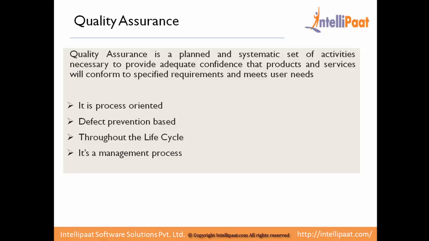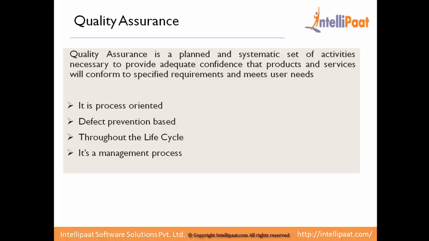So in terms of process oriented, what I would mention is quality assurance basically has defined processes, and we will see this in much detail later, but for now, if we need to understand the quality assurance processes, we need to note that there are certain processes that would have been documented for the software development life cycle, and for each of the phases there would be certain processes that need to be followed. If these processes are not followed, then quality assurance obviously raises an issue over there, and they try to ensure that all the processes have been followed as per the set documentation or as per the set guidelines.